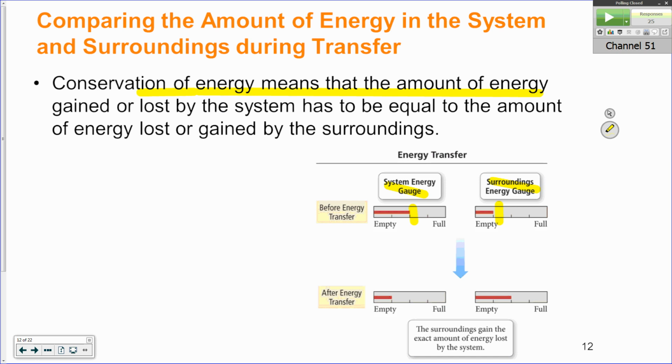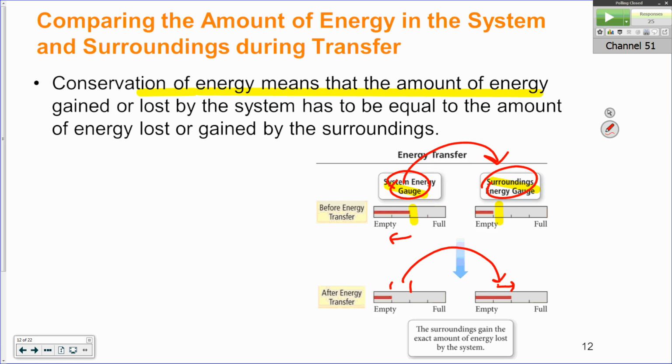The gauge for the system went down by a quarter of a unit, but that quarter of a unit was transferred to the surroundings, and that gauge went up by the same amount. That's conservation of energy. The energy is just transferred from the system, in this case, to the surroundings. We can use that quantitative aspect, what's lost equals what's gained, to study these systems.